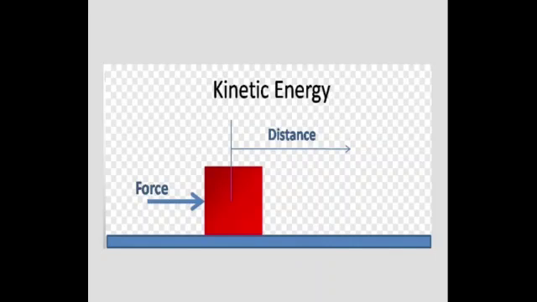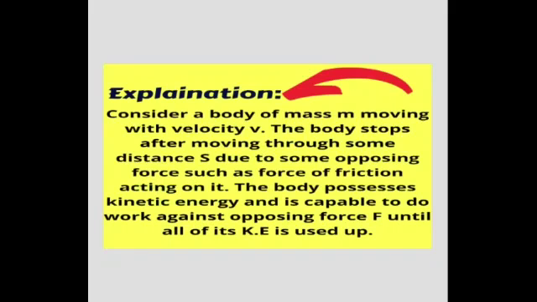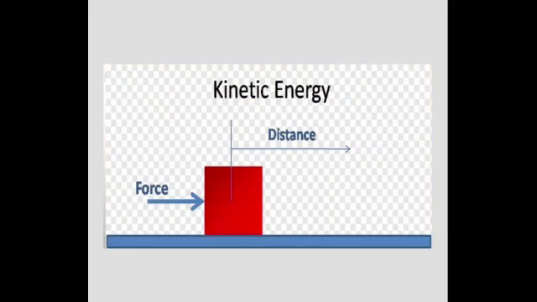Here we have a diagram and some explanation. Consider a body of mass m moving with velocity v. We have a block of mass m and this block is moving with velocity v. After some time, when you apply some force on it, what changes will come into this block?